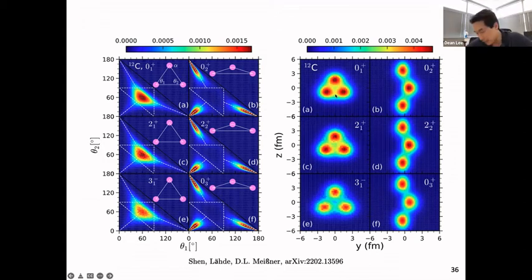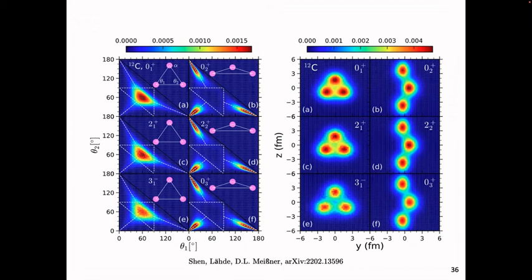One thing I should mention from the outset is that you see alpha clustering in all the low-lying states of carbon-12. Carbon-12 obviously has 6 protons, 6 neutrons, 12 particles overall, but these states like to cluster into 3 alpha clusters of 4 particles each.